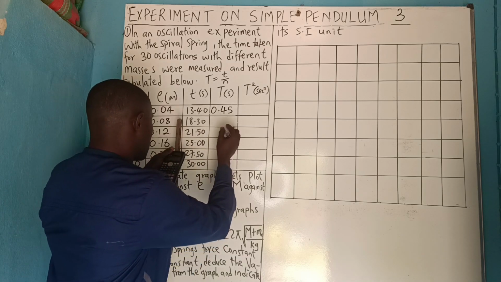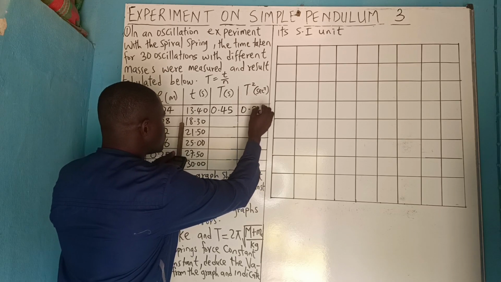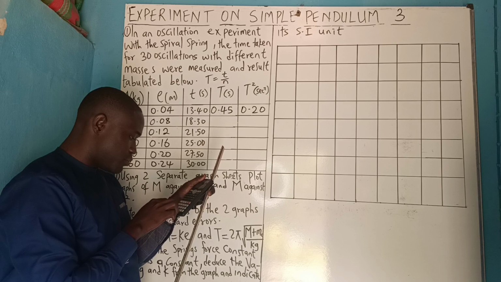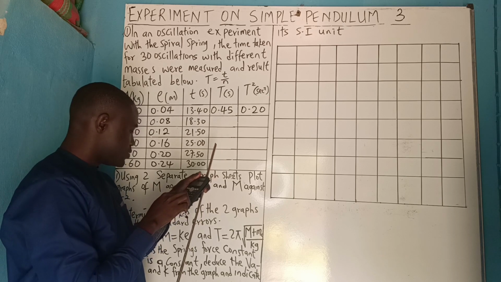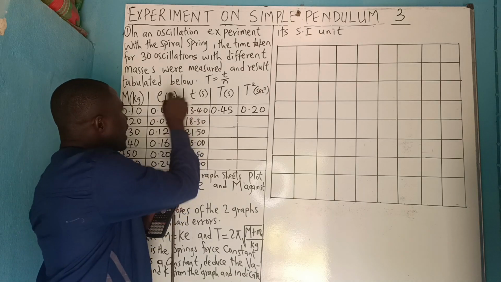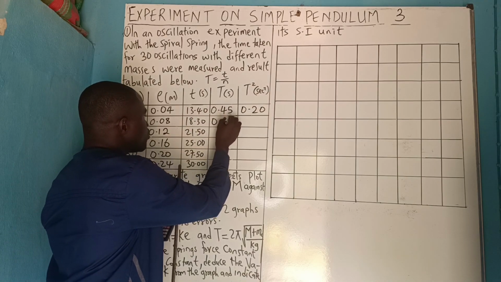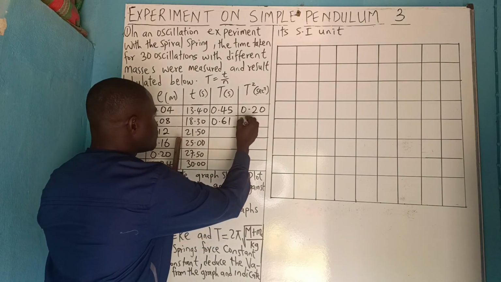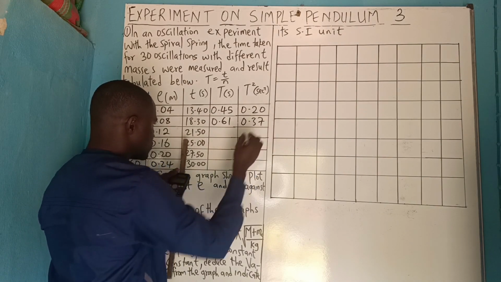It will be giving us 0.20. You do it again, 18.3 divided by 30, you have 0.61. You square it as it is in the calculator, you have 0.37.